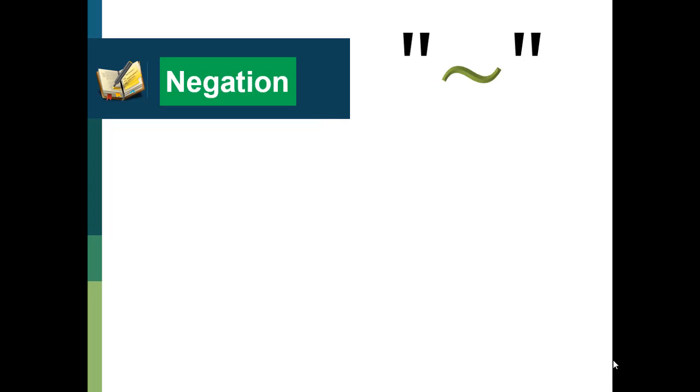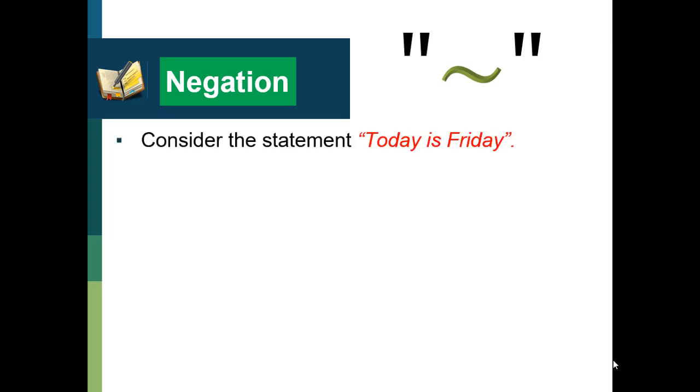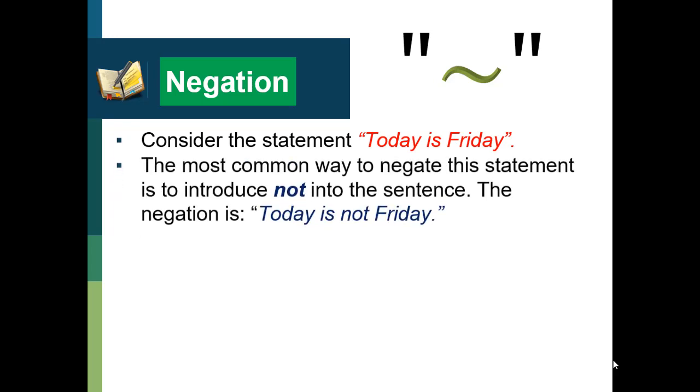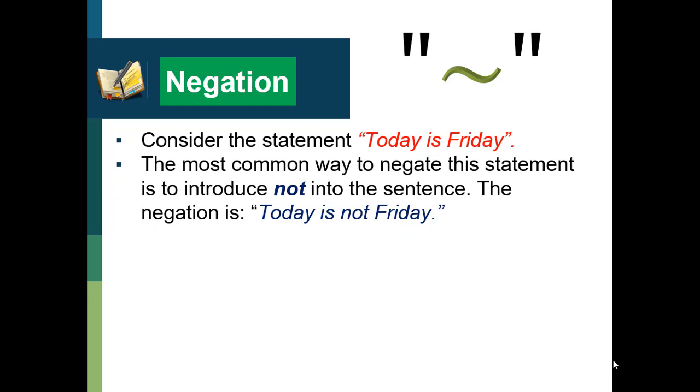To continue, let's start with the negation. And here is the symbol for negation, the tilde symbol. Now, consider the statement today is Friday. The most common way to negate this statement is to introduce the word not into the sentence.